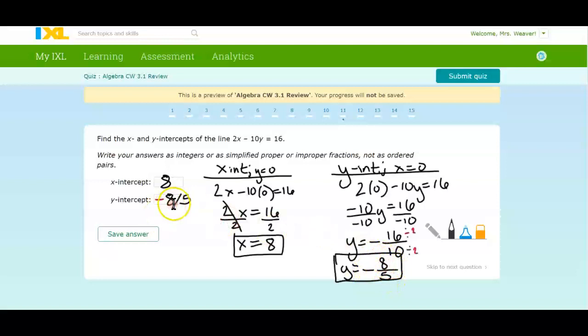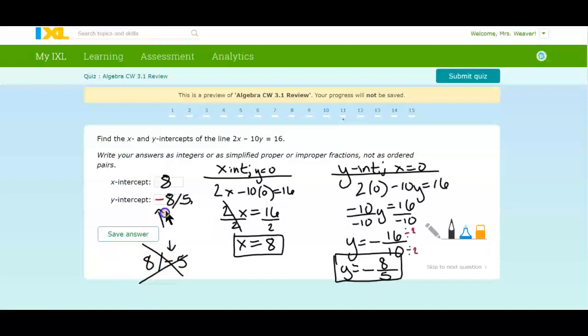But if I don't have that option for whatever reason, then we put the negative in front and then the numerator slash the denominator. And the reason is, if I instead wrote 8/-5, this might be confusing and look like I was maybe trying to subtract. So we do not do this.